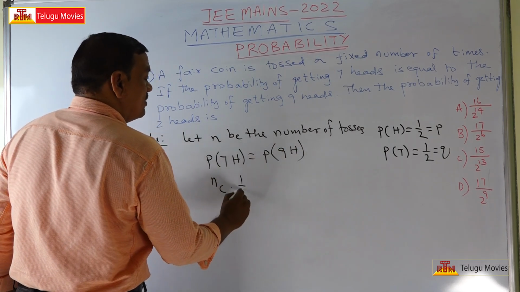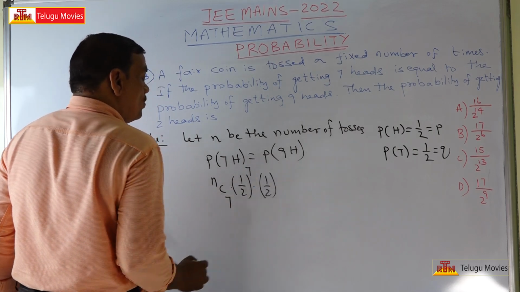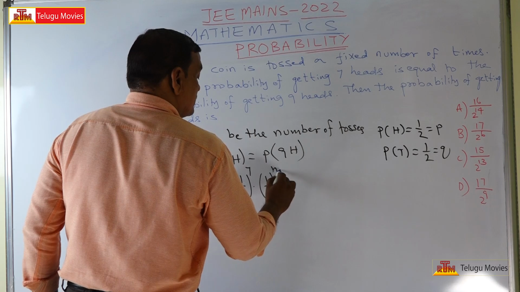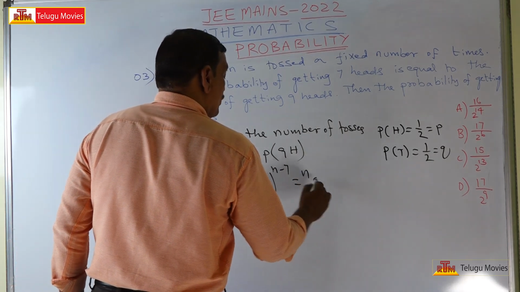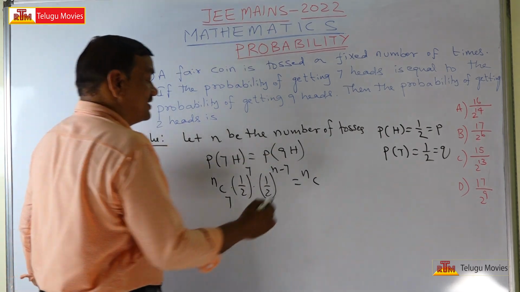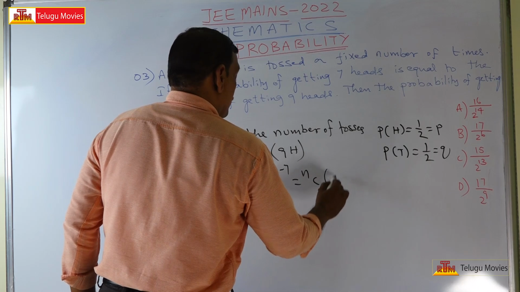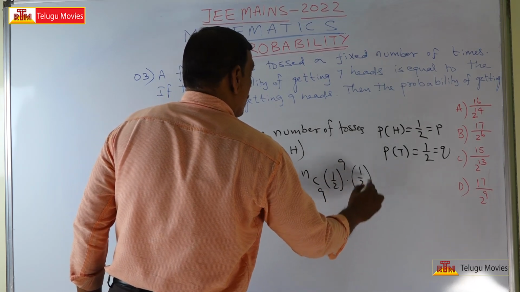So nC7 into (1/2)^7 into (1/2)^(n-7) is equal to nC9 into (1/2)^9 into (1/2)^(n-9).